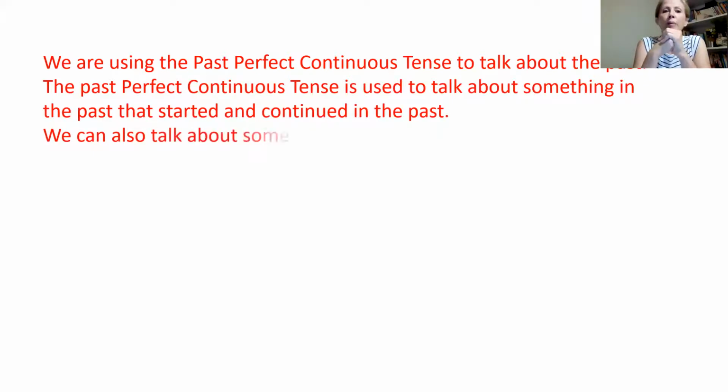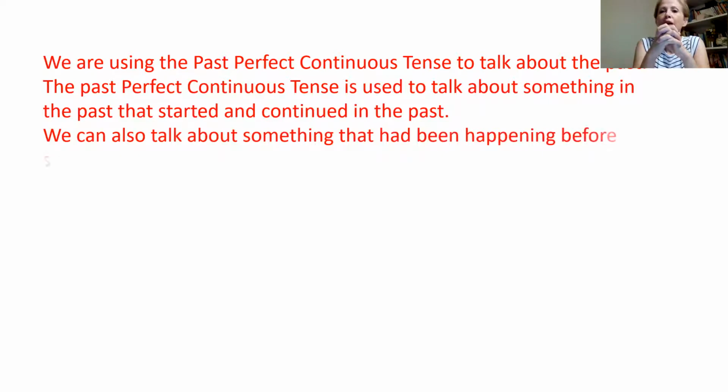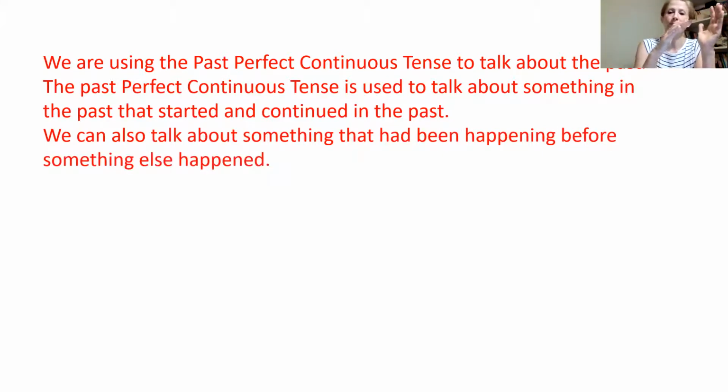Also, we can talk about something that had been happening before something else happened. Let's take the Lucy example. When we think of her as a baby in 2004, we can say she had been crawling.